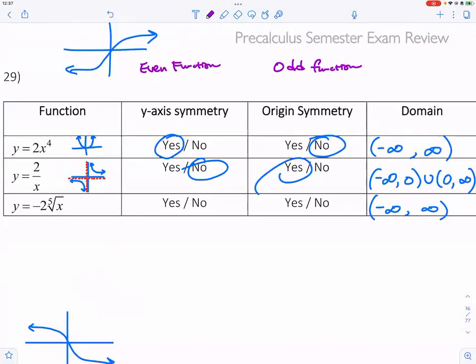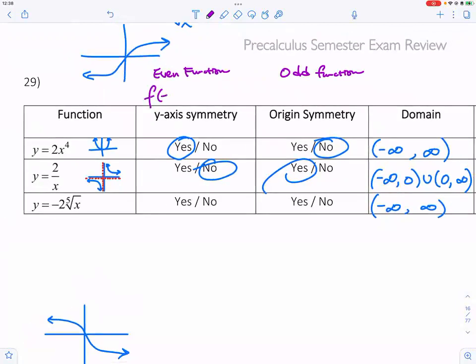If you're going to calculus, these two terms are pretty important. The definition of an even function is that f of negative x, meaning if you have the negative x value and it's reflected over the y-axis, should have the same y value. So that's why we say f of negative x equals f of x.